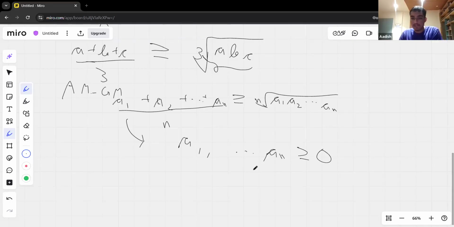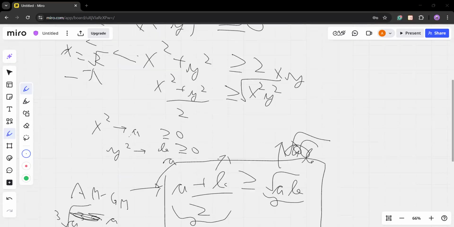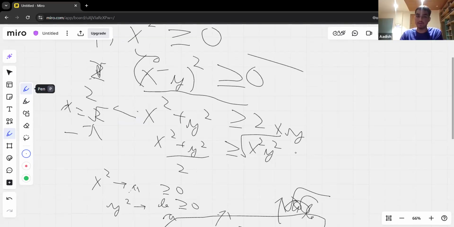Not only is this inequality true, but let's go back. We had this inequality. When are these two quantities equal? They are greater than or equal to, so when will they be equal? When a equals b. Yes, they'll be equal when this is zero, which happens when x equals y.